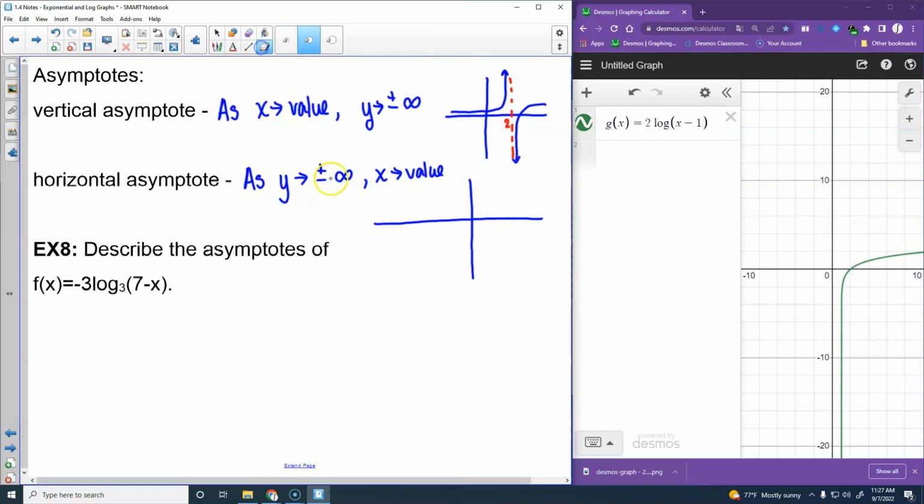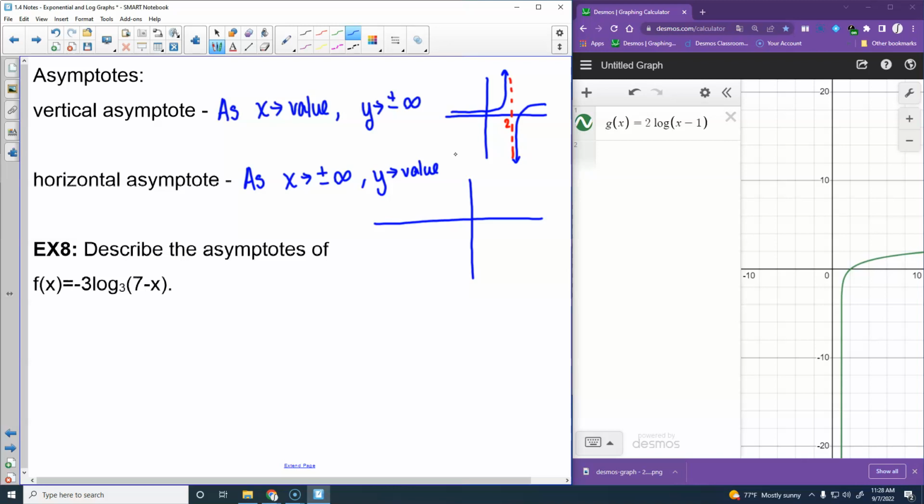No, I've got that backwards. I didn't need to switch x's and y's. Sorry, redo. I need to switch. As x approaches positive or negative infinity, y approaches some value. I switched the wrong things there.